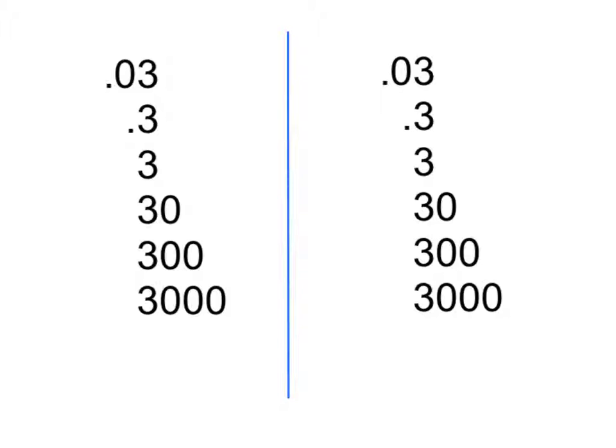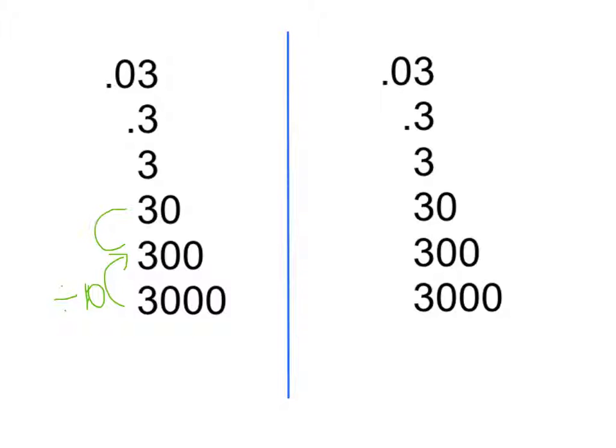Let's take a look at those related numbers from the previous slide in a different way. This time we're going to look going up the list. Starting at 3,000, the connection between 3,000 and 300 is that we are dividing by 10. So I'm going to write that on the side here and show that when we go from 3,000 to 300, that's dividing by 10.